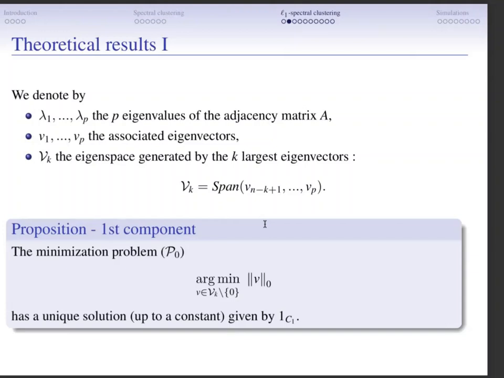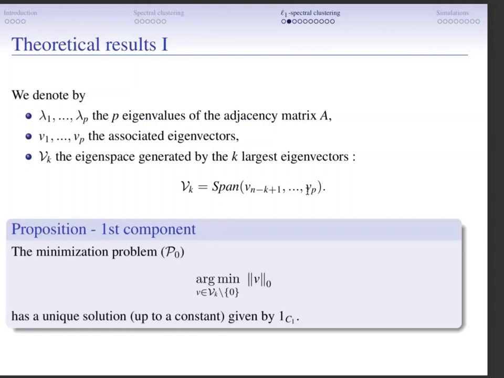We denote by lambda1, ..., lambda p the p eigenvalues of the adjacency matrix, and v1, ..., vp the associated eigenvectors. And capital Vk will be the eigenspace generated by the k largest eigenvectors. As I said, when you work with L, you are interested in the smallest ones.